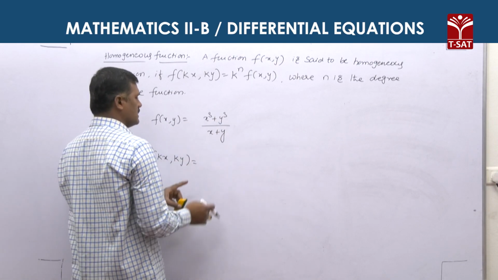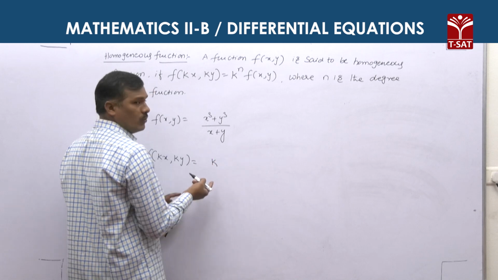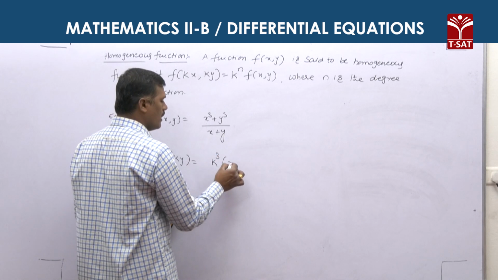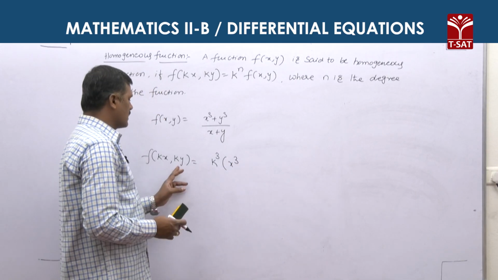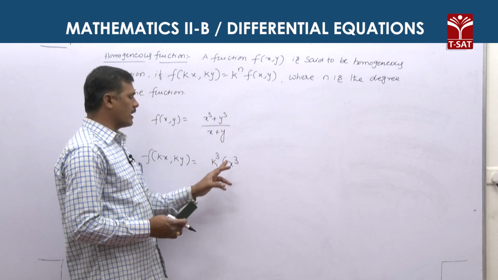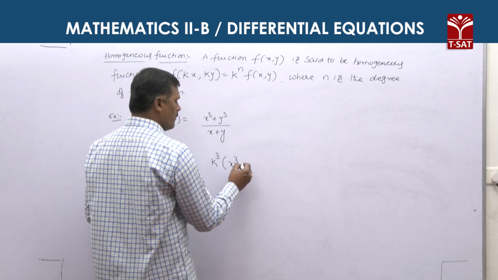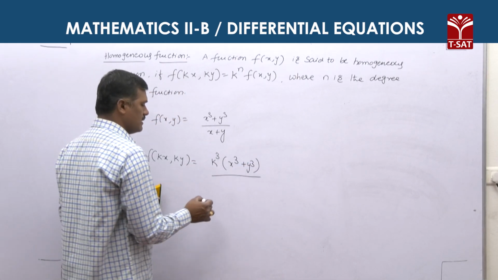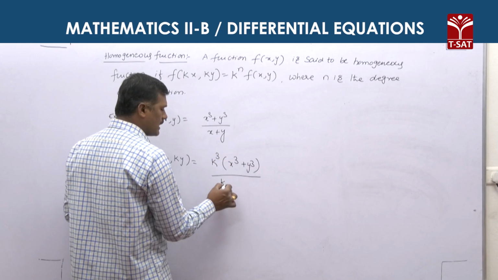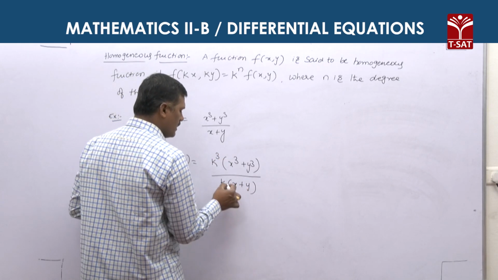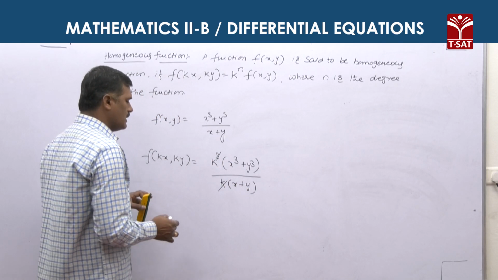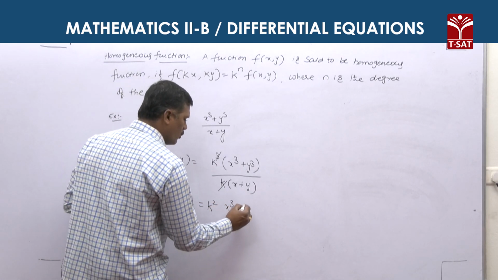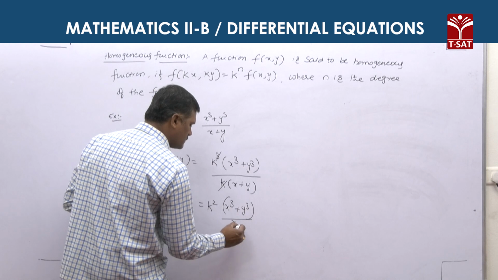Substitute these values in this function. Kx whole cube means k cube into x cube. We can take k cube common, x cube, plus ky whole cube, k cube into y cube. Already here k cube is common, x cube plus y cube whole divided by kx plus ky. We can take k common, x plus y. K will go one time. That is equal to k square into x cube plus y cube whole divided by x plus y.